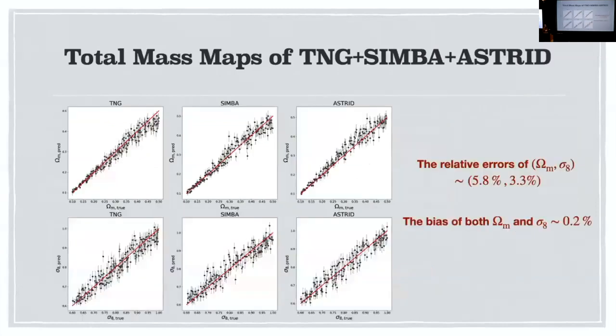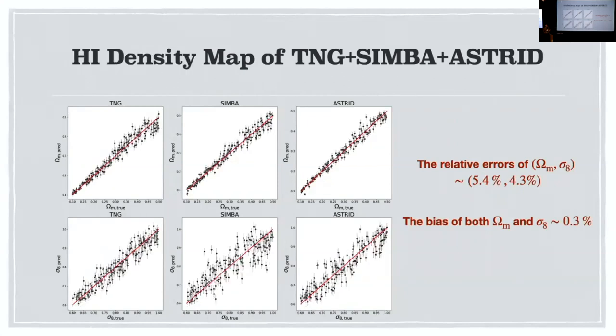We also did it with three different simulations, TNG, Simba, and Astrid, at the same time, and tested on each simulation separately. We successfully predict the cosmological parameters without bias and with good accuracy of estimation.